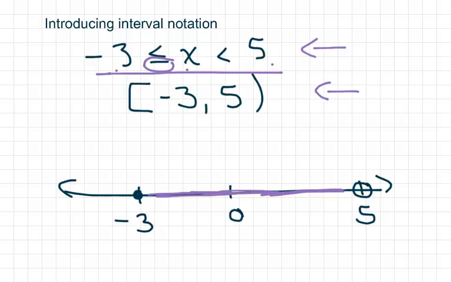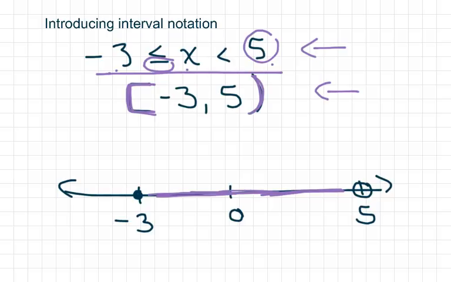So if you include the -3, you use a closed bracket, which we're including because of the equal sign. And if you don't include the 5 here, then that's called an open interval. So that's open, closed.